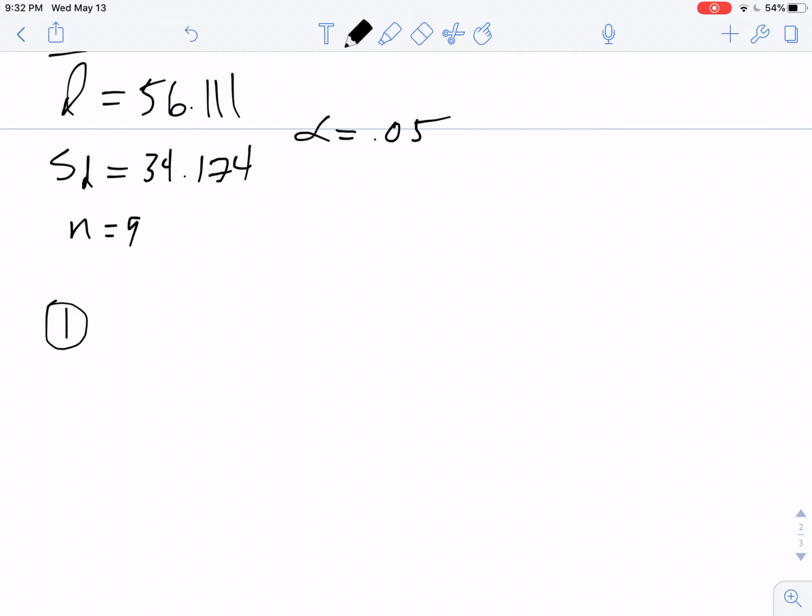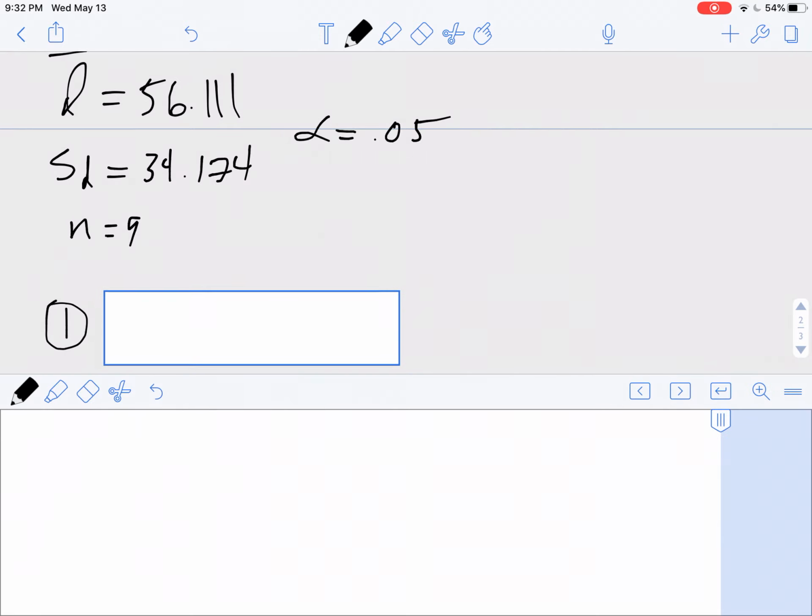I'm going to start with step 1, which is defining my parameter of interest.